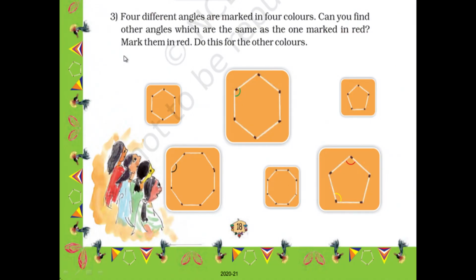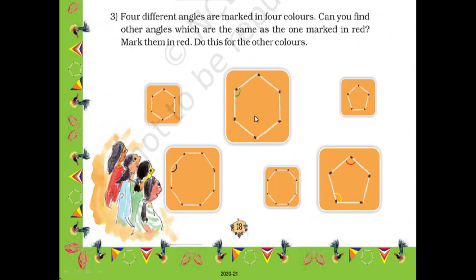Here is another question I have taken. 4 different angles are marked in 4 colors. Can you find other angles which are the same as the one marked in red? Mark them in red. Do this for the other colors. Okay, so just see, the shapes which are similar must have equal angles.